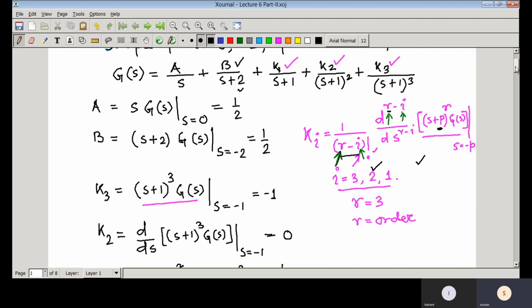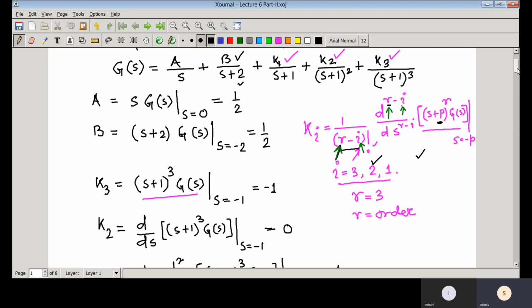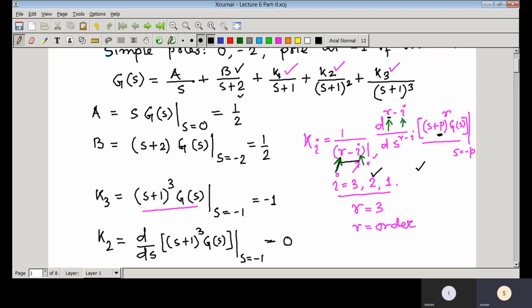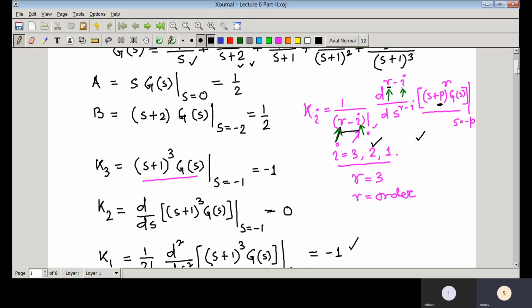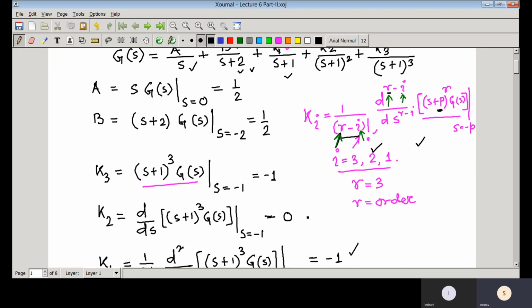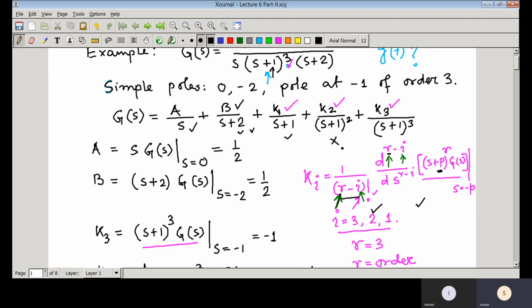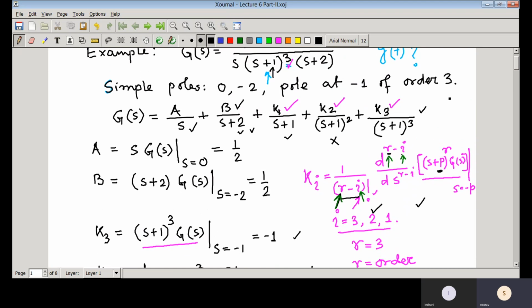So after finding those coefficients, what is GS? So GS equal to, here we found half, so 1 by 2s, and half again, 1 by 2 into s plus 2, then K1 we get -1, so that is minus 1 by s plus 1, and we get K2 equal to 0, so this term is not there, and K3 equal to -1, so -1 by s plus 1 whole cube.